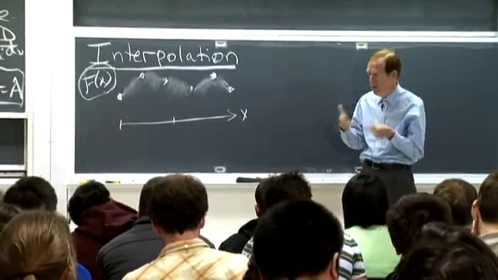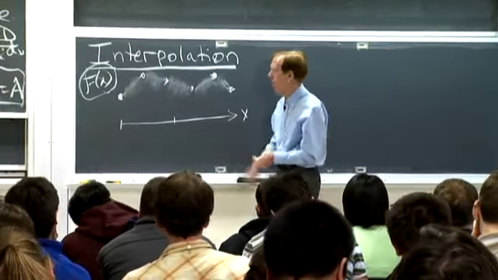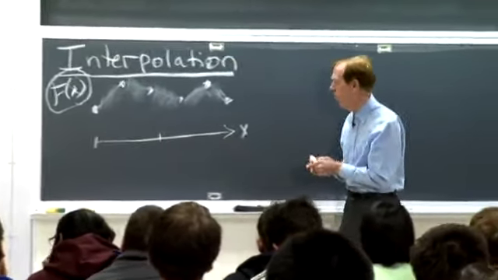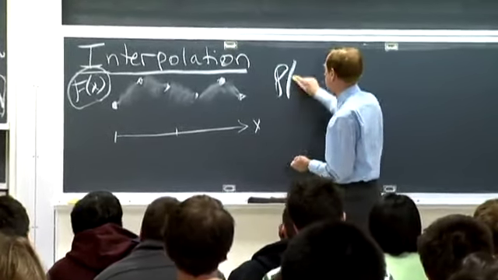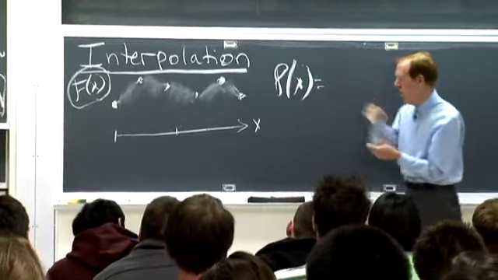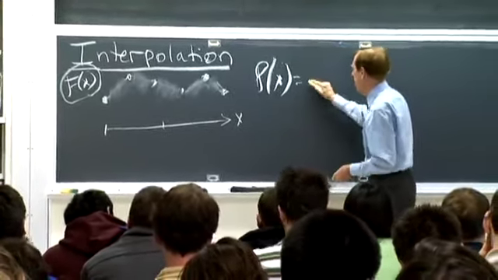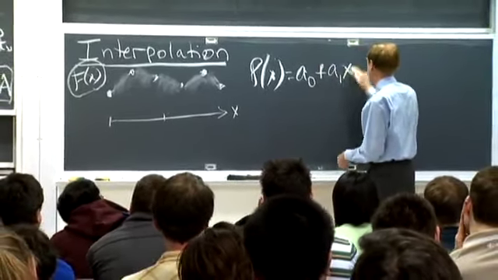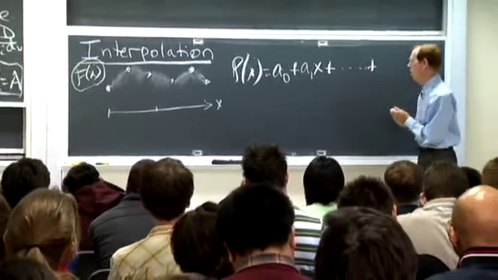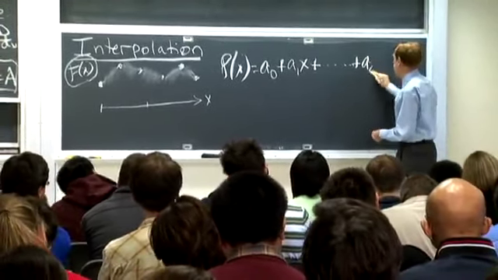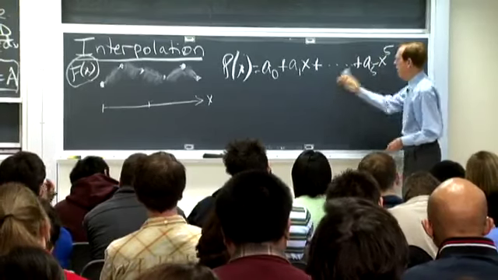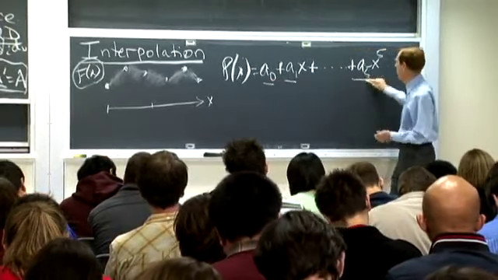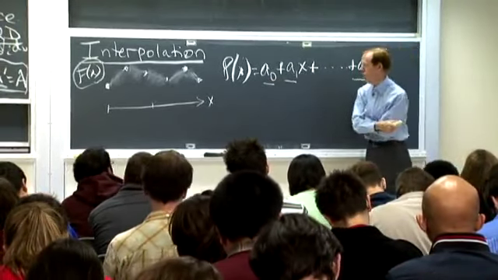I want to have 6 coefficients, so I can get 6 equations to make the polynomial go through those 6 points. So my polynomial p of x, which actually goes through those points, would have some constant term, and some linear term, and how far am I going to go? 5th, right. That'll give me 6 coefficients. So I could put in a 5th degree polynomial, that gives me a0, a1 up to a5, 6 coefficients through 6 points.